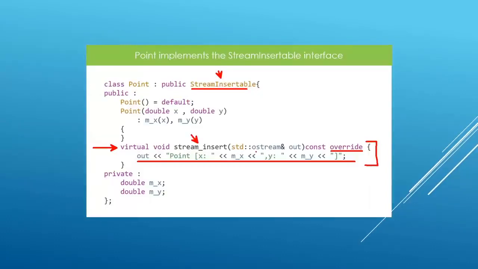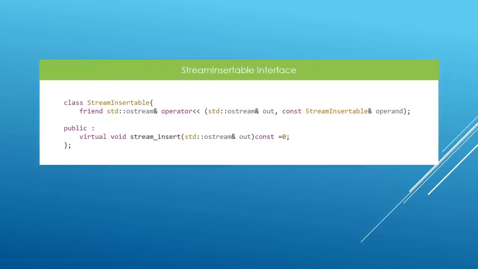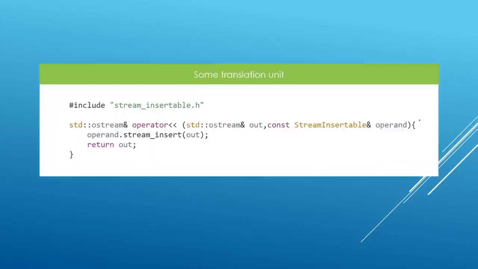Now let's go back to our stream insertable interface to see how our output stream operator actually works. What we have here is what would be a header, and this is going to just put in a declaration for this, but we can even look at its implementation. The implementation for our output stream operator may look something like this. We are going to pass in the first operand and the second operand here, but notice what we are doing here.